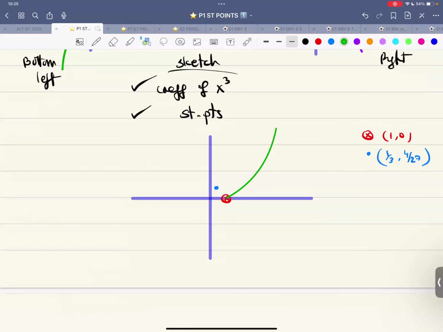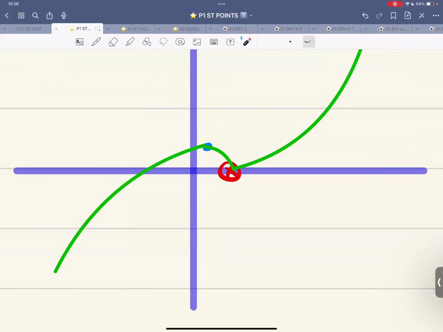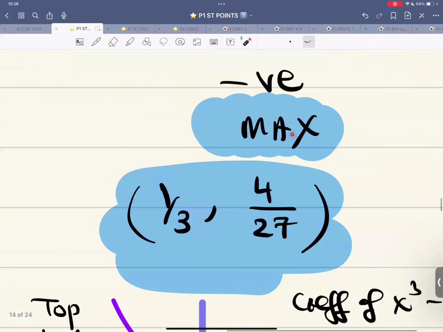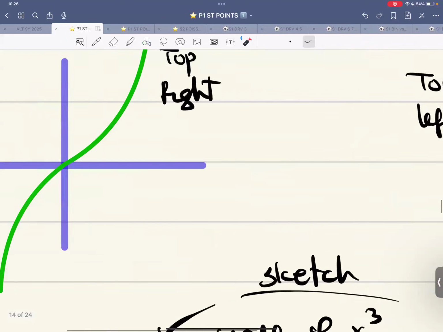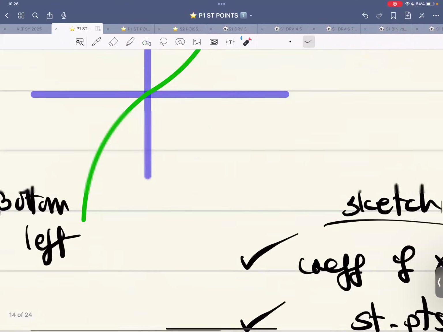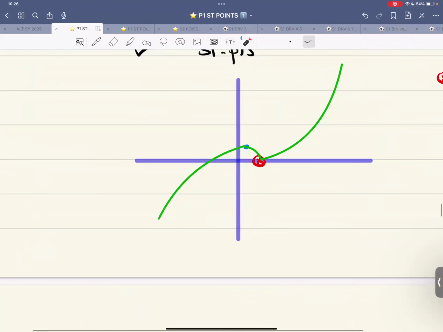Like this, not exactly like this, a little bit, and approximately something like this. So there is this turning point that you see. This is a max. This is a min. The blue one is a max, 1/3, 4 over 27. And the red one, 1, 0, it's a min. So that is how this graph is drawn.